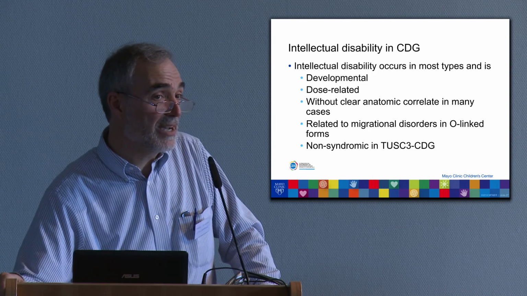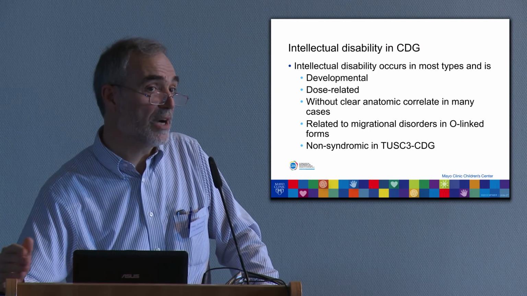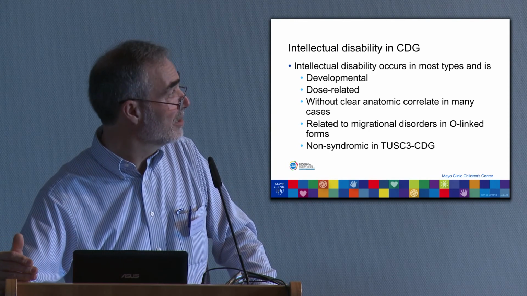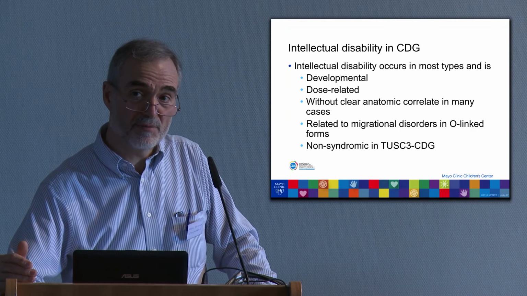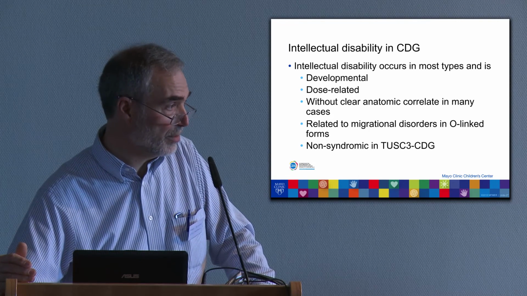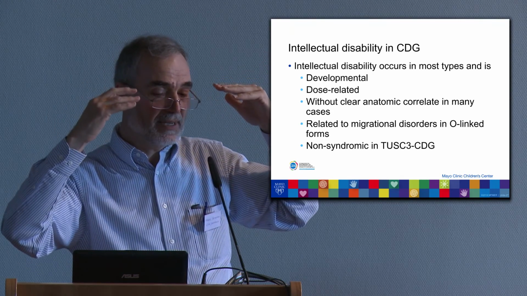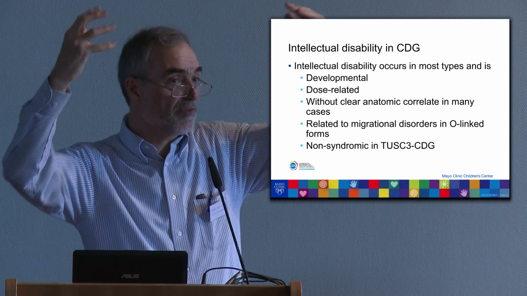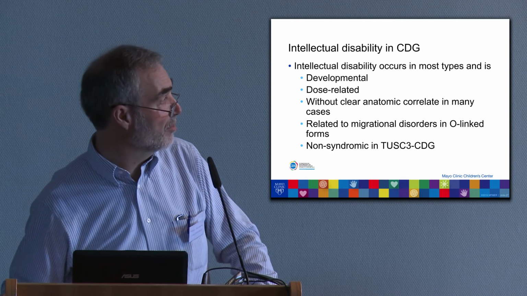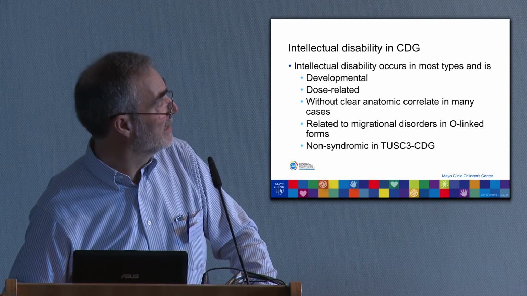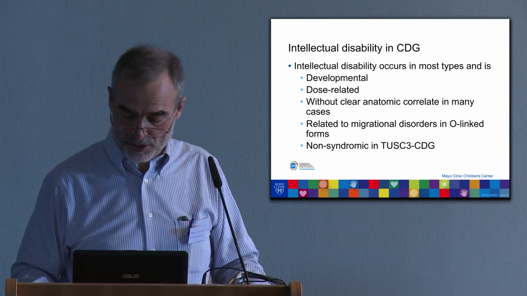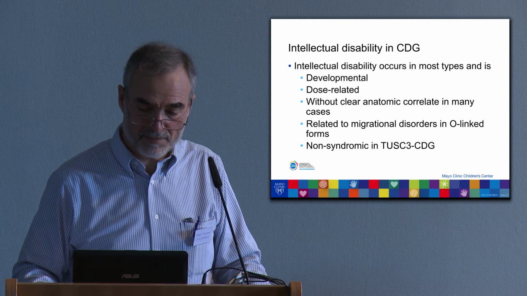We do know in some cases there are migrational disorders. They're quite common in the O-linked disorders of glycosylation, such as the congenital muscular dystrophies, where the lack of normal barriers causes neurons to actually migrate through the surface of the brain, producing a syndrome called cobblestone lissencephaly. So we have many clues, but not a large number of answers.